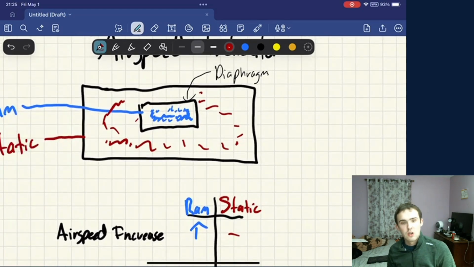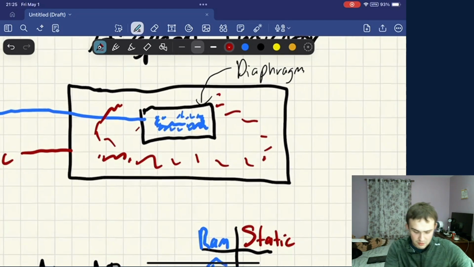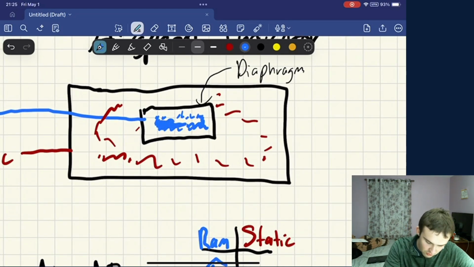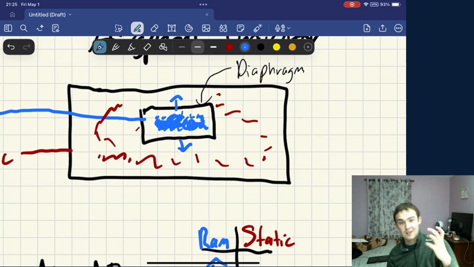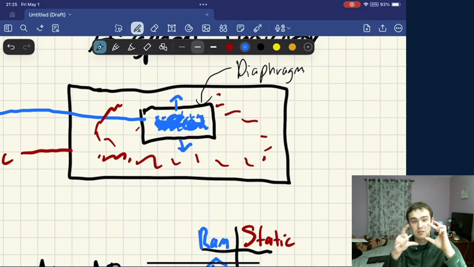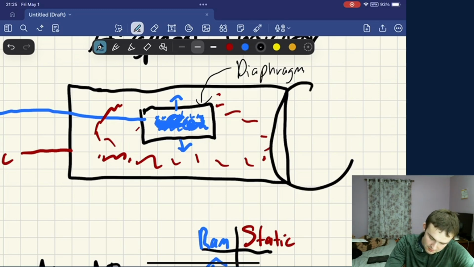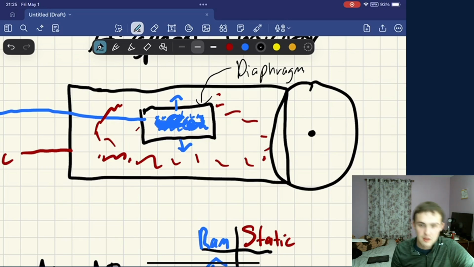And what's that going to look like on our diagram up here? Well, very simply, the pressure in here is going to be getting greater. Therefore, the diaphragm is going to expand because the pressure inside of that diaphragm is getting higher than the pressure on the outside, so it's going to want to expand. And what it's going to do is move the needles on the front of our airspeed indicator.